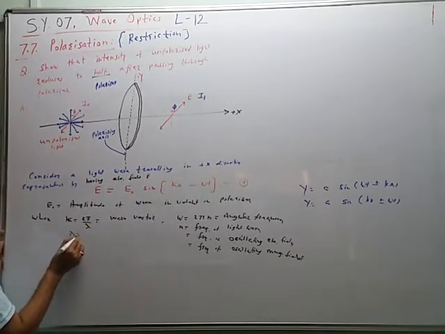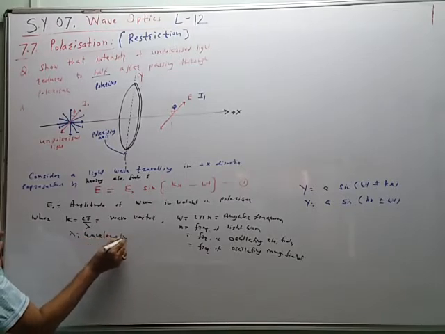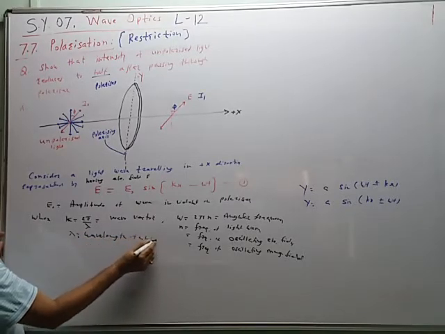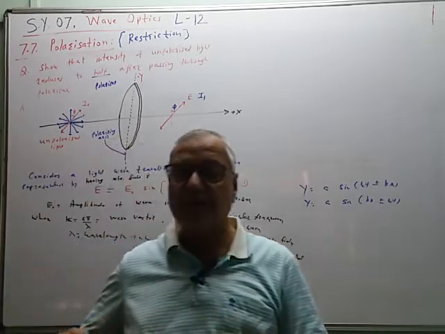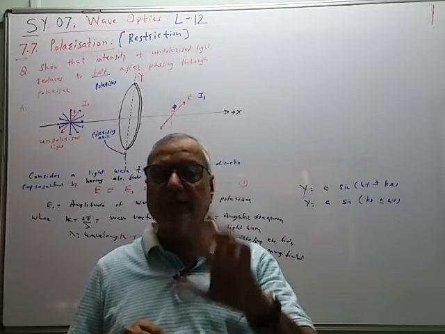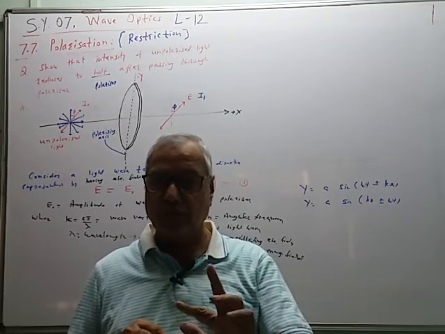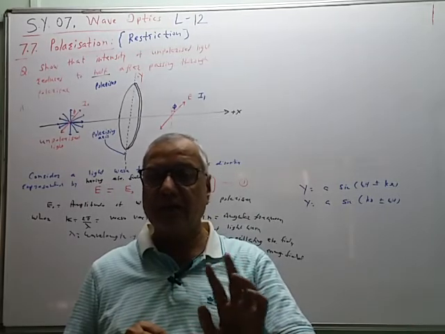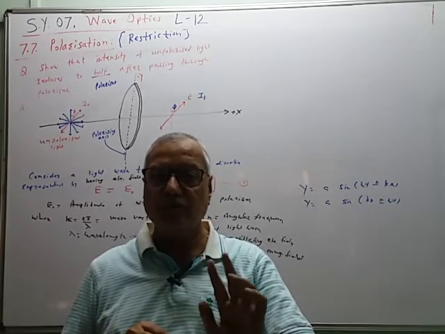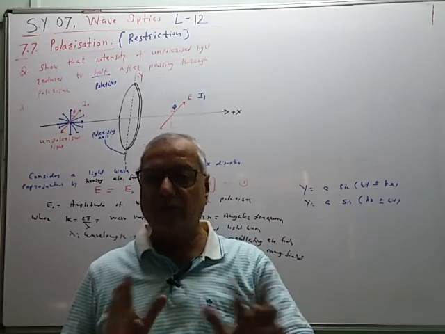Lambda is equal to the wavelength of the wave. Now, from 11th standard, we know that for any type of wave, mechanical, non-mechanical, transverse, longitudinal, the intensity of the wave is always directly proportional to the square of its amplitude. This is the general characteristic of any type of wave.